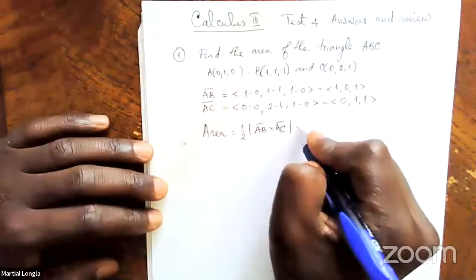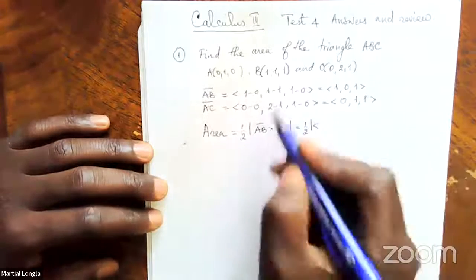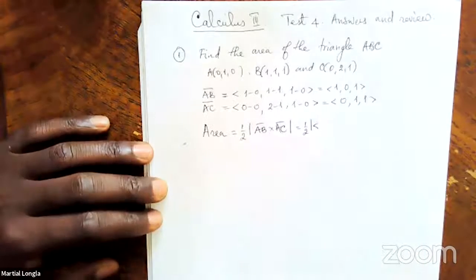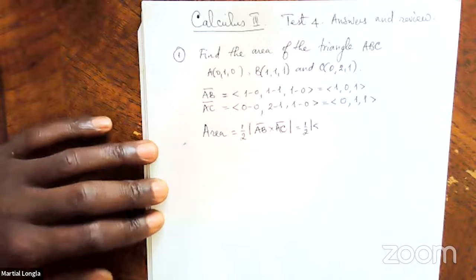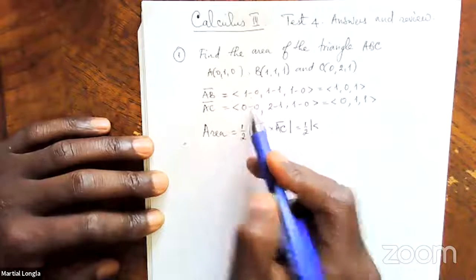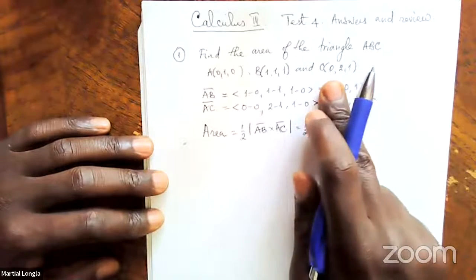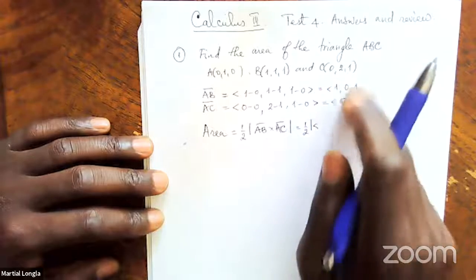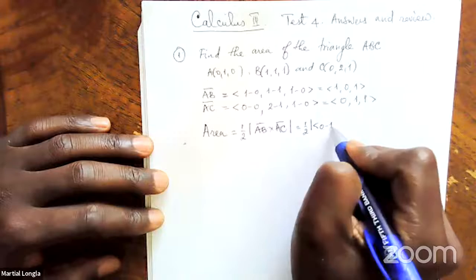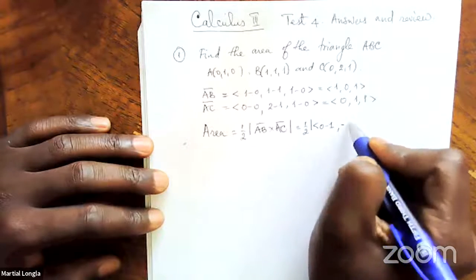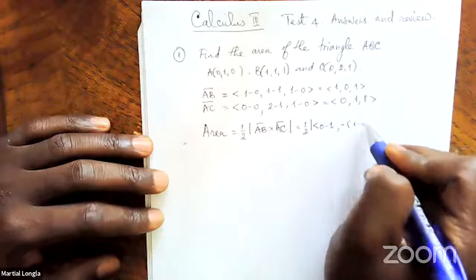And so we are going to do that: 1/2 magnitude of, and we do this cross product. We don't cross product three things. It's two things, two vectors, AB and AC. That's AB, that's AC. The way we do the cross product is right there. We cover the first column and do the product and subtract. So that's going to be 0 minus 1, then minus, cover the second, 1 minus 0.